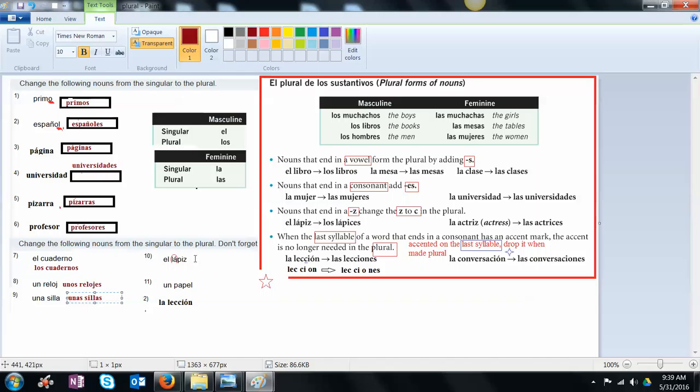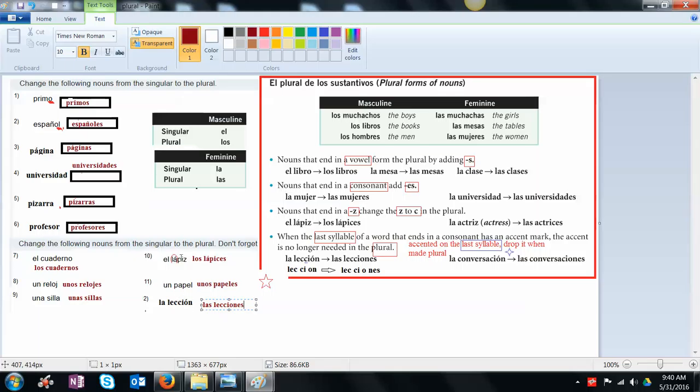El lápiz, los lápices. Un papel, unos papeles. La lección, las lecciones. And then again, I take off this accent mark.